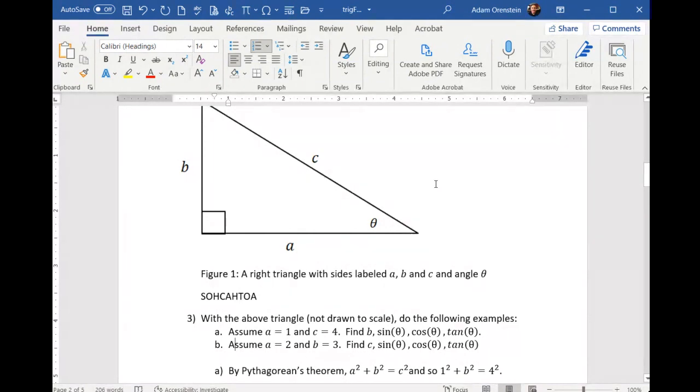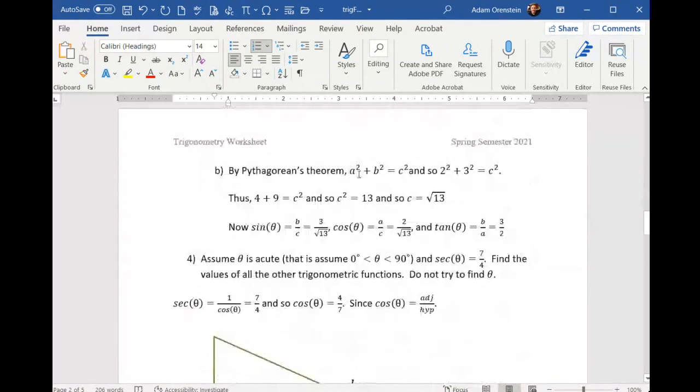Pythagorean theorem. So you have 2 squared plus 3 squared is C squared. So 4 plus 9 is C squared. So here it's actually easy to get C. C squared is 13. So C is the square root of 13.